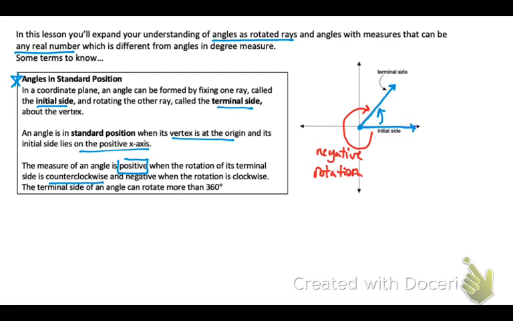And another interesting fact, take this away, is that the terminal side of an angle can rotate more than 360 degrees. So as you see, I have shown a rotation of that initial side all the way around past where it was at the beginning and then further. So we can have angle measures that are greater than 360 degrees.